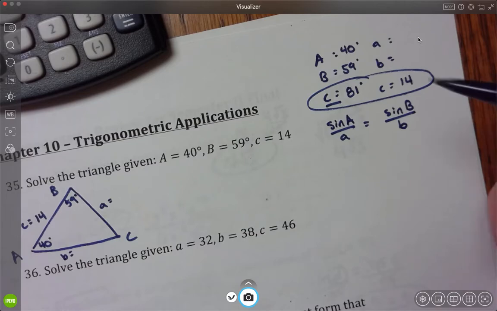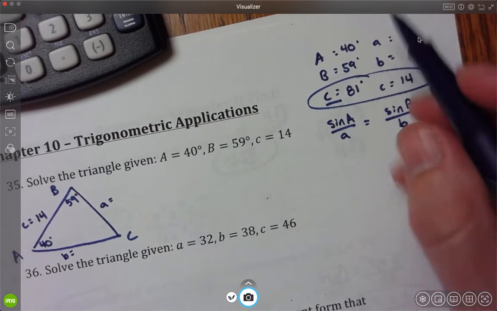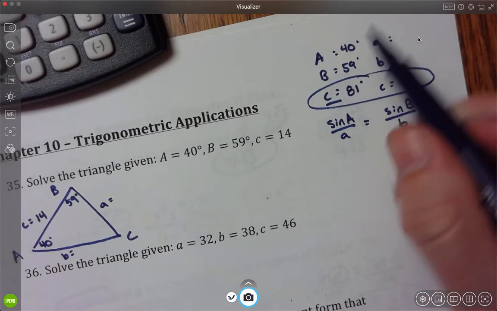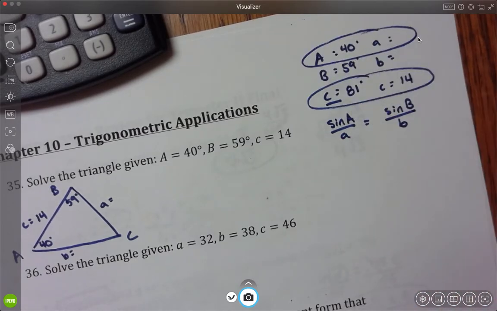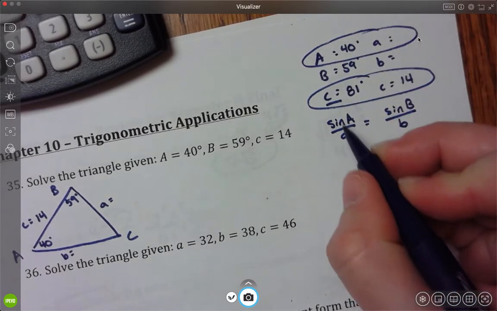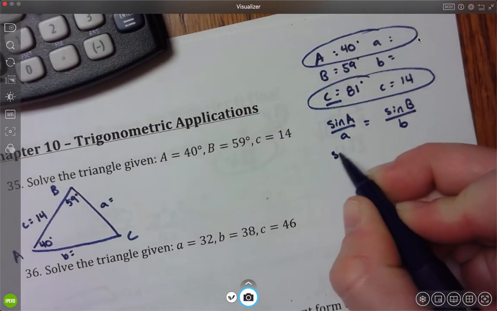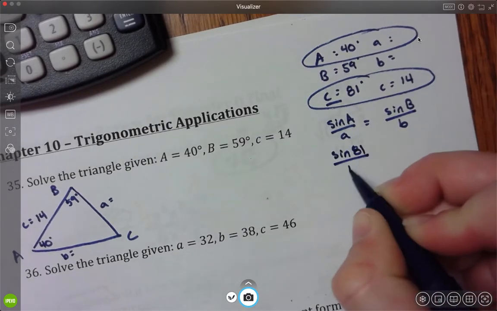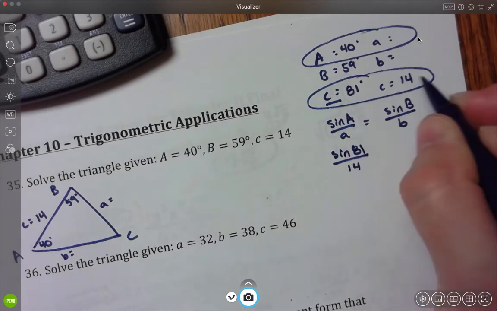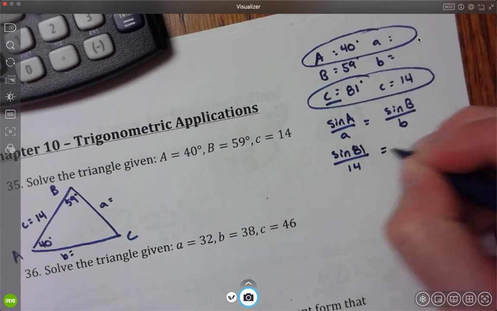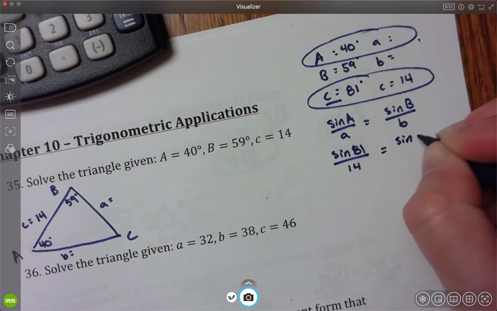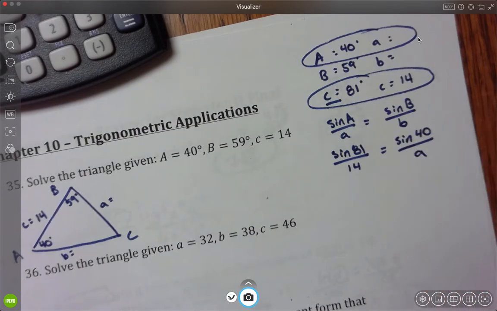You can put the sines on the top or the bottom. But I have C's, so let's go ahead and solve for A. So I'll put sine of 81 over 14, sine of C over lowercase c, equals sine of 40 over A. Okay, if that's what I'm solving for.